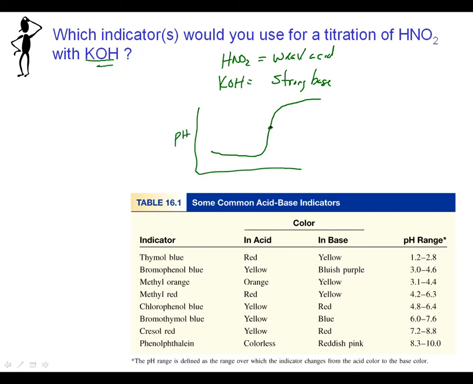We know that when we reach the equivalence point, it should be basic, like we did before in that calculation, which pretty much means that since these indicators work off of a pH range that is more acidic, these would not be a good choice.